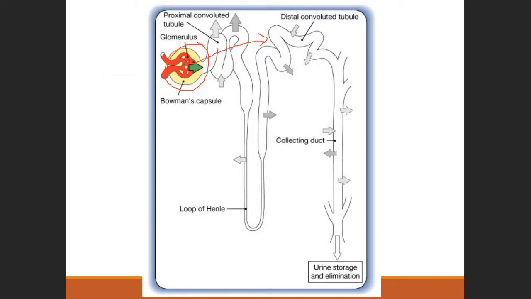Because this portion of the tubule should actually sit right here, right in the V created by our afferent and our efferent arteriole. Now, that might not sound like much right now, but that is going to be a huge aspect when we talk about regulation.